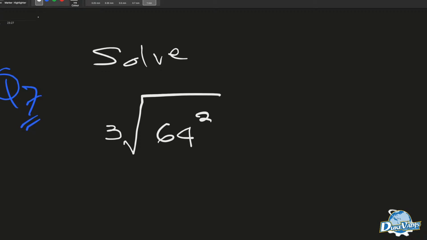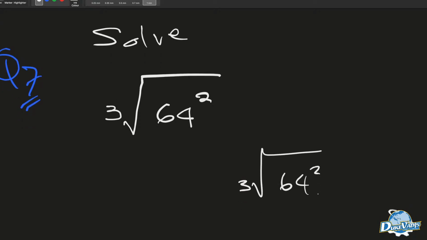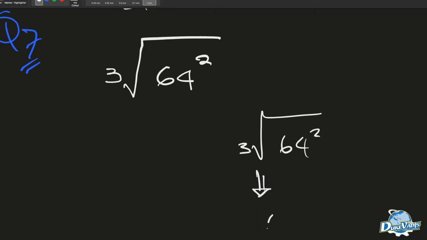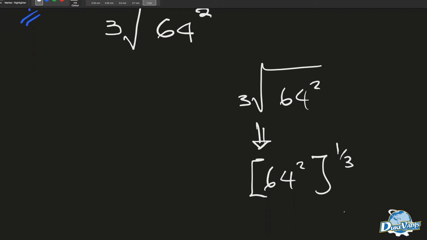We all know that if you have the cube root of 64 squared, it can be expanded and written as 64 squared, all in brackets, to the power 1/3. That's a cube root. If we get to this point, it becomes so easy.